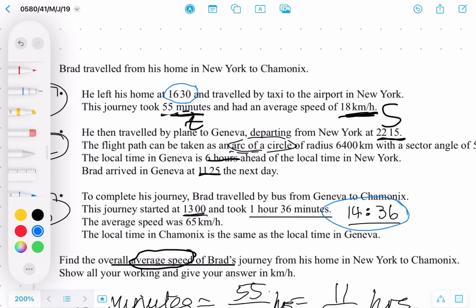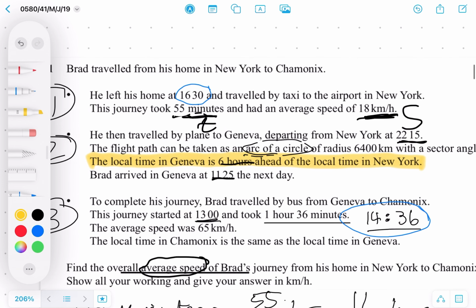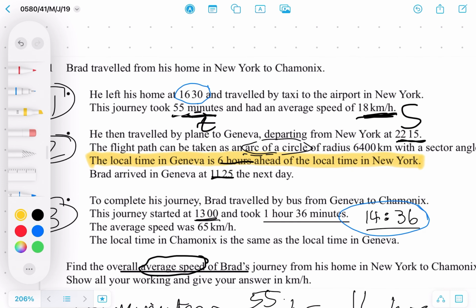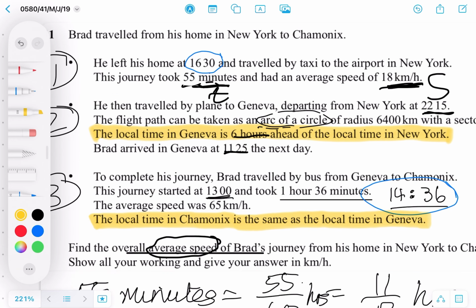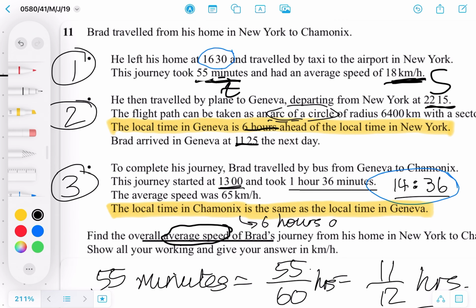However, we need to see, this is an important statement right here. The local time in Geneva is 6 hours ahead of the local time in New York. And we also need to note that the local time where his journey ended is the same as the local time in Geneva. Hence, the local time here is 6 hours ahead of New York.